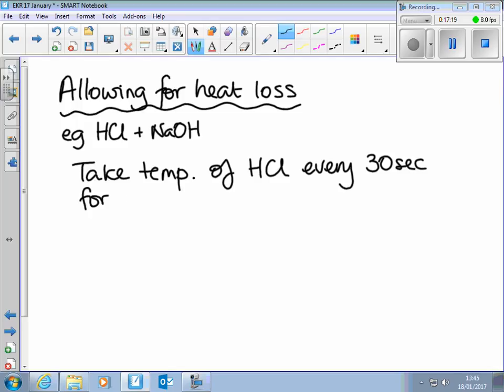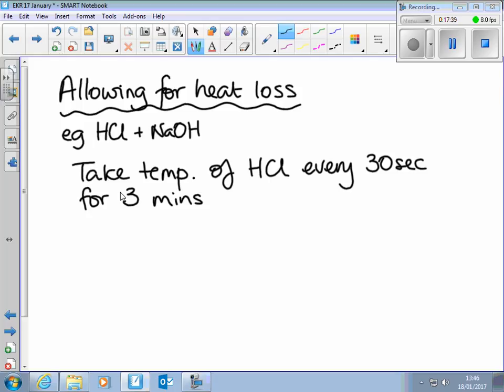It's not set in stone, this. Okay, that's just to make sure that you're starting at a stable temperature, because it might be that the hydrochloric acid has been taken out of the chemical store. The chemical store doesn't have a heater in it, so it could be cooler than the lab temperature. So it would be on its way up to lab temperature.